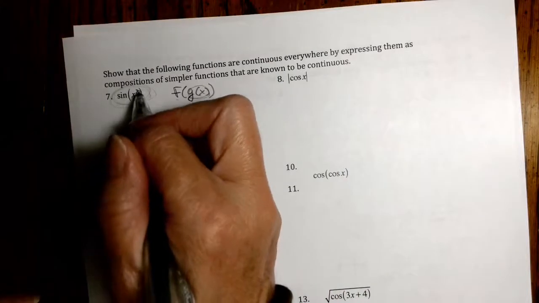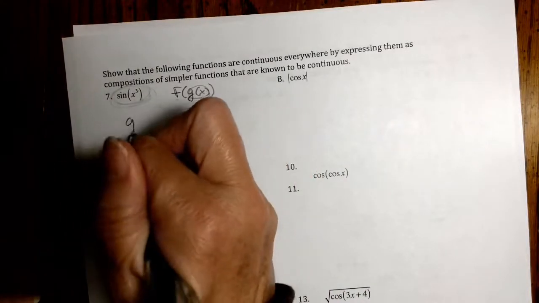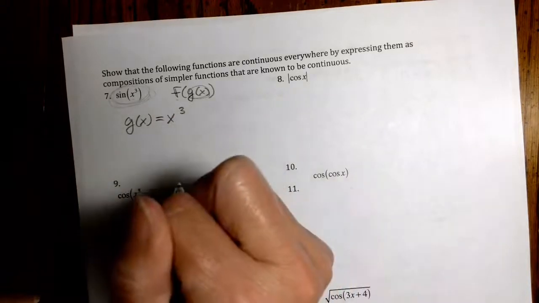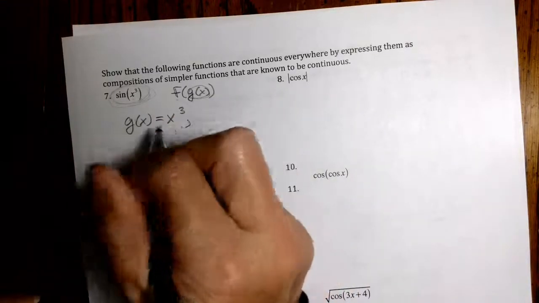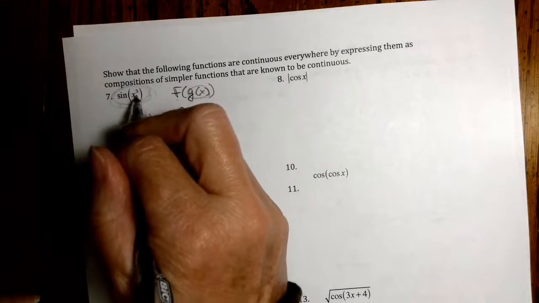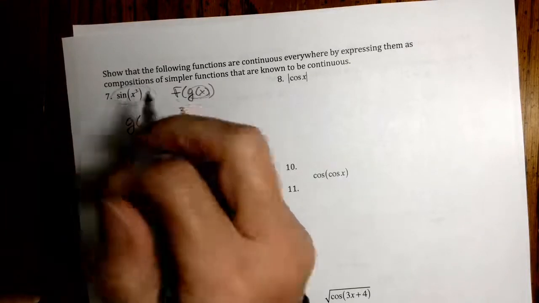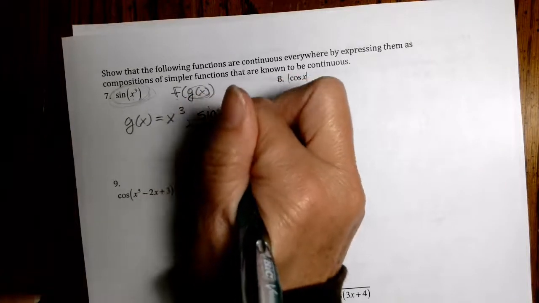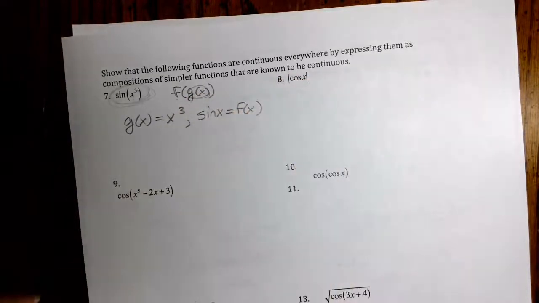The x is being cubed, so my inside function is the x to the third. After I know the value of x to the third, I would then take the sine of it. So that sine of x is the outside function, which is f of x.